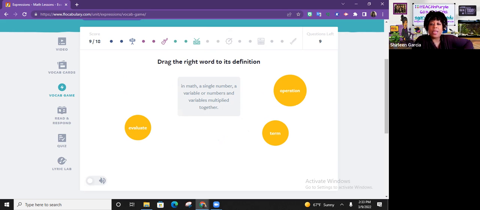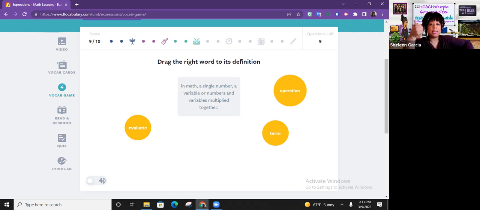In math, a single number, a variable, or numbers and variables multiplied together. Is that an operation, a term, or evaluate? Not operation. Operation is addition, subtraction, multiplication, or division.